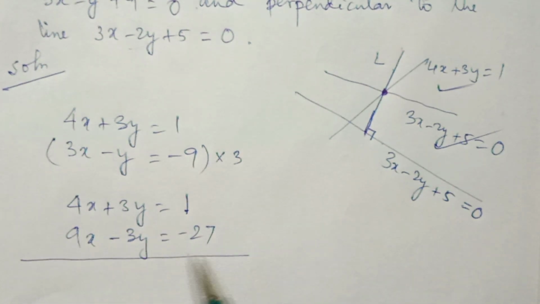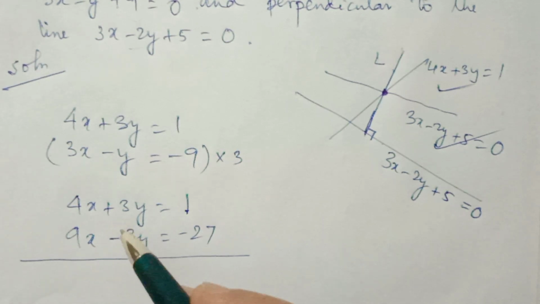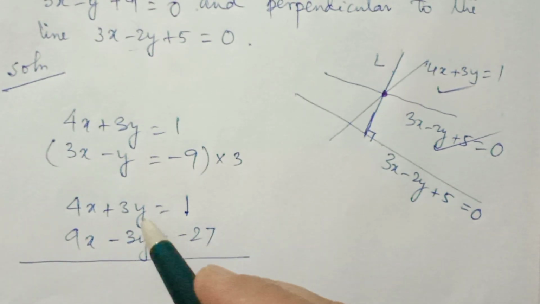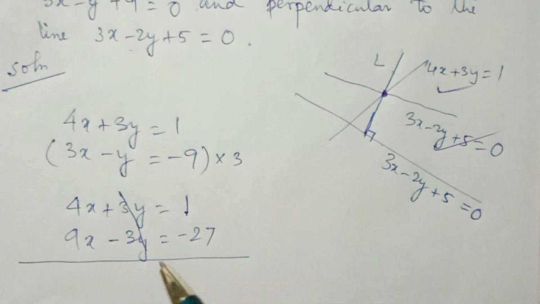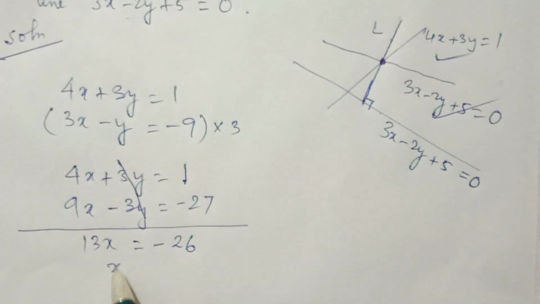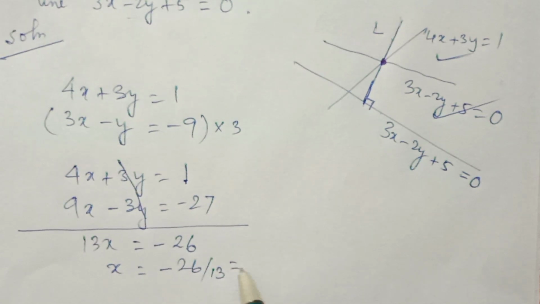Now you see this is plus 3y, this is minus 3y, so this will be cancelled. Then this will be 13x equals minus 26.